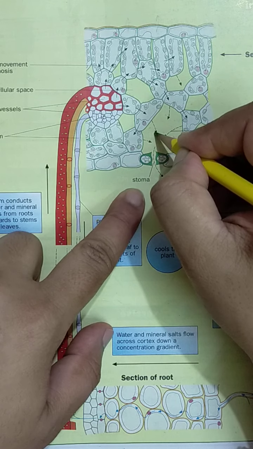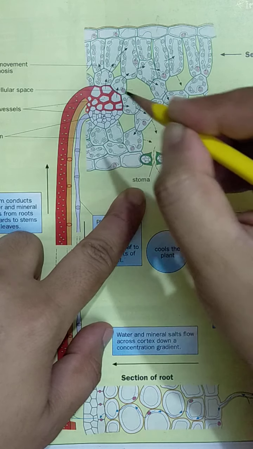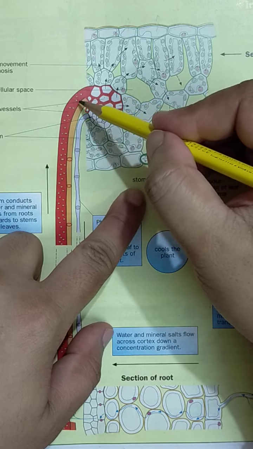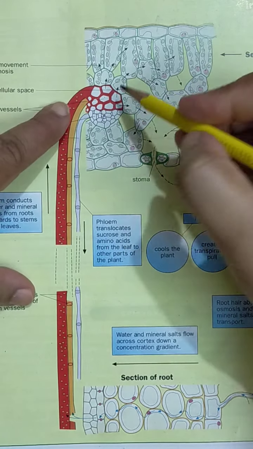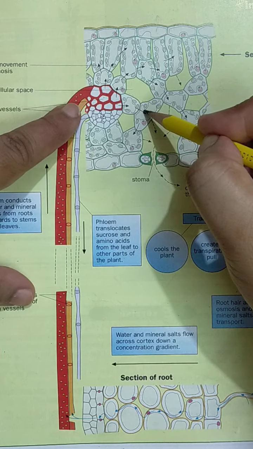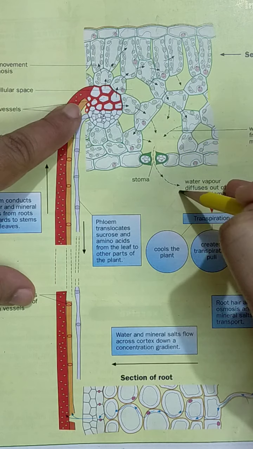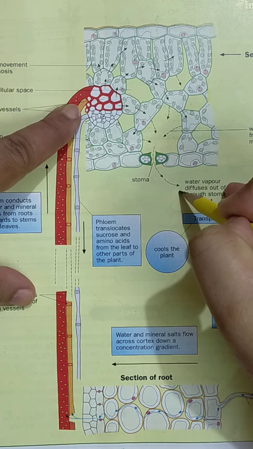Due to that pull, water will move from the xylem of the stem to the xylem of the leaf, then from the xylem of the leaf to these cells and intercellular spaces, and then outside through the stomata.